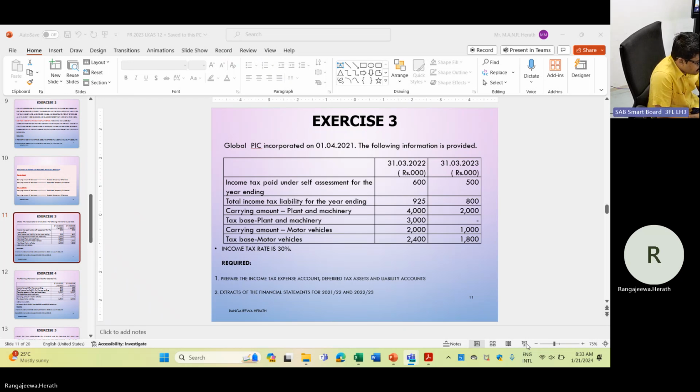So this is the activity we are taking. Now you are given plant and machinery. As at 31st March 2022, the carrying amount is 4 million and the tax base is 3 million. Right? 4 million and 3 million.